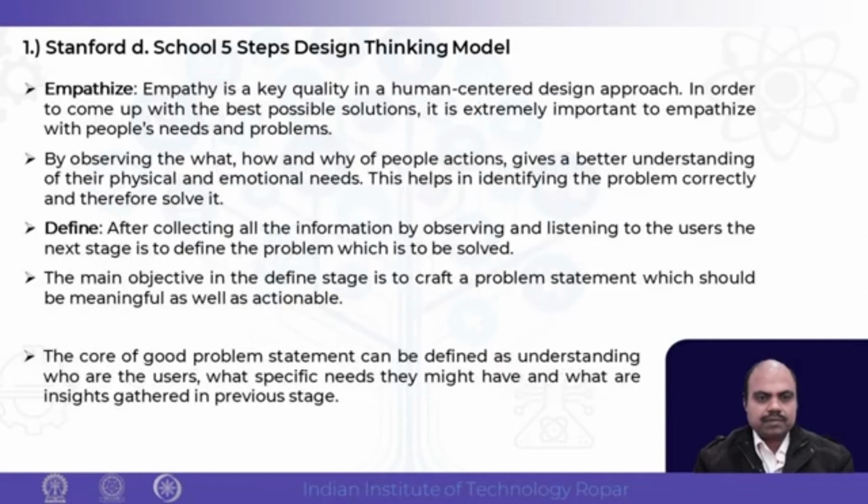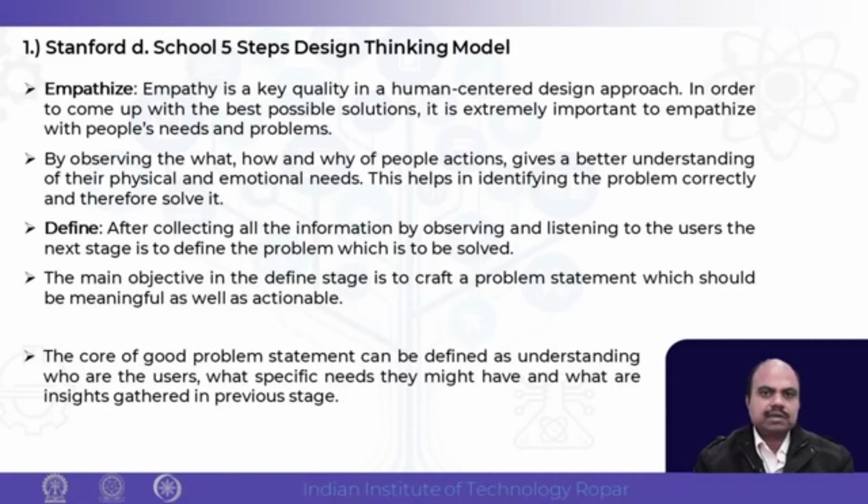In the first step, there is empathize. Empathize is the key quality in the design thinking approach in order to come up with the best possible solution. We observe and empathize with the feelings of the user: why people take this action, and a better understanding of their physical and emotional needs. The needs of different people are different.